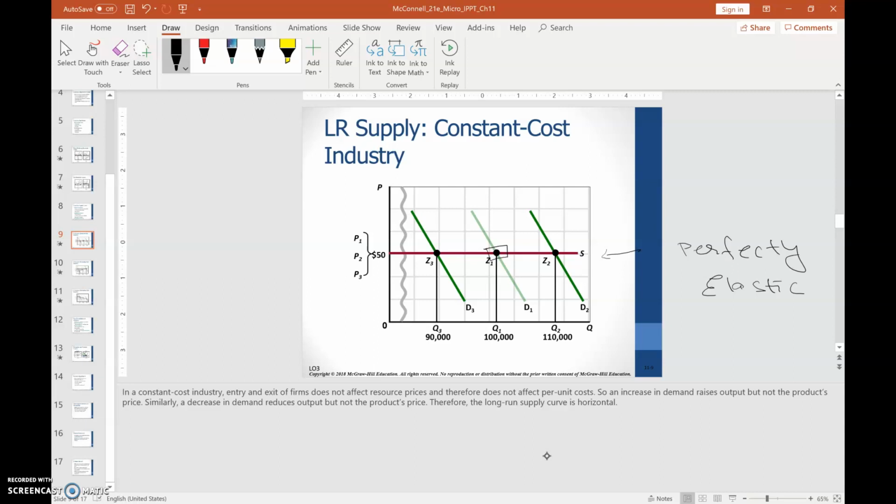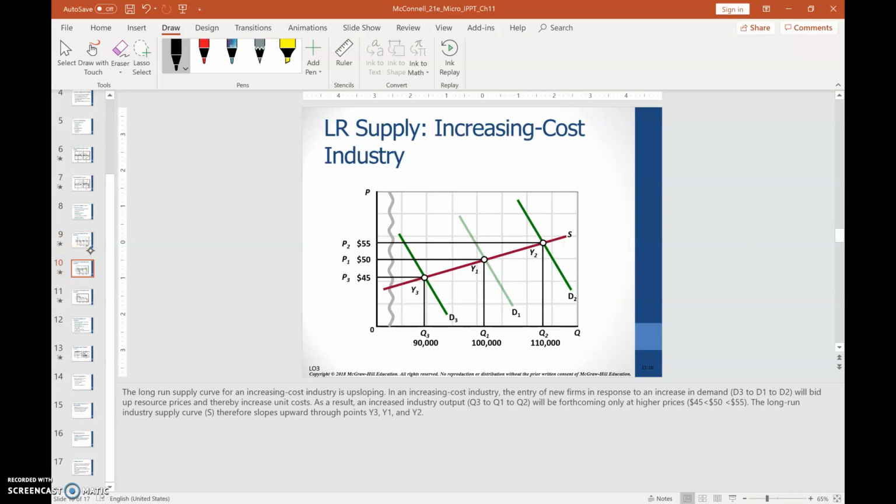Now when demand increases, quantity is going up from 100,000 to 110,000, but the price is fixed at $50. When the demand decreases from D1 to D3, the quantity goes down from 100,000 to 90,000, but the price is still staying the same. As a result, we have a perfectly elastic or horizontal supply curve.